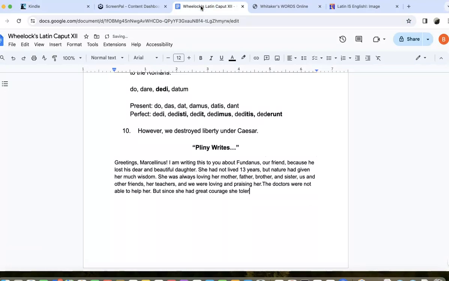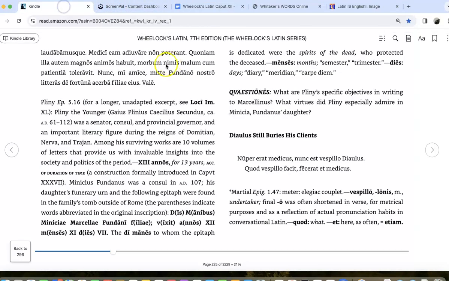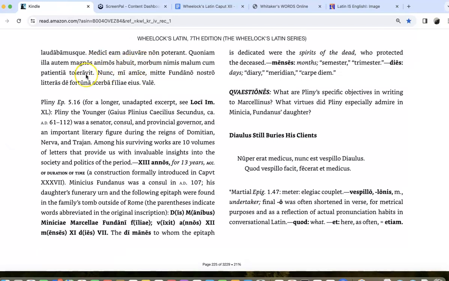She tolerated her, I'm going to say morbidity, although that might be too abstract, with great patience. So there's other ways to translate this, but I'm going to say, but since she had great courage, she tolerated, toleravit, that's past tense.